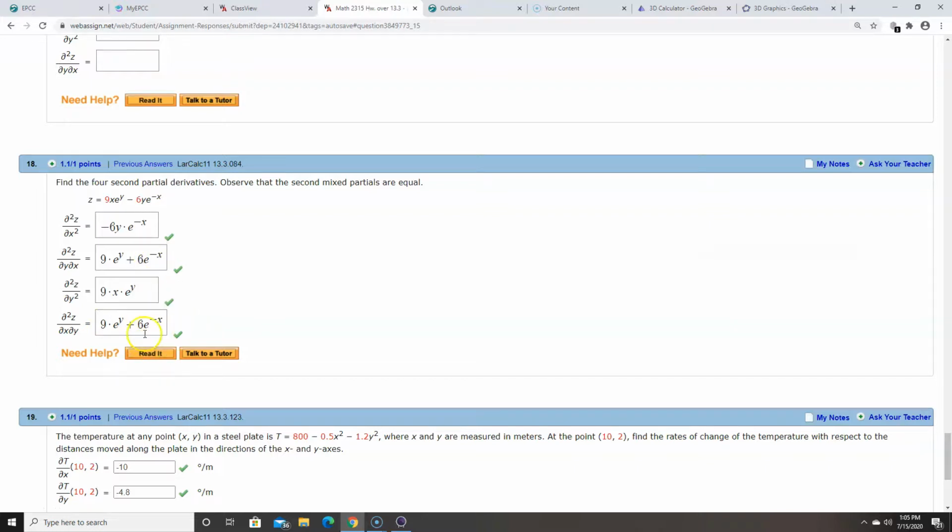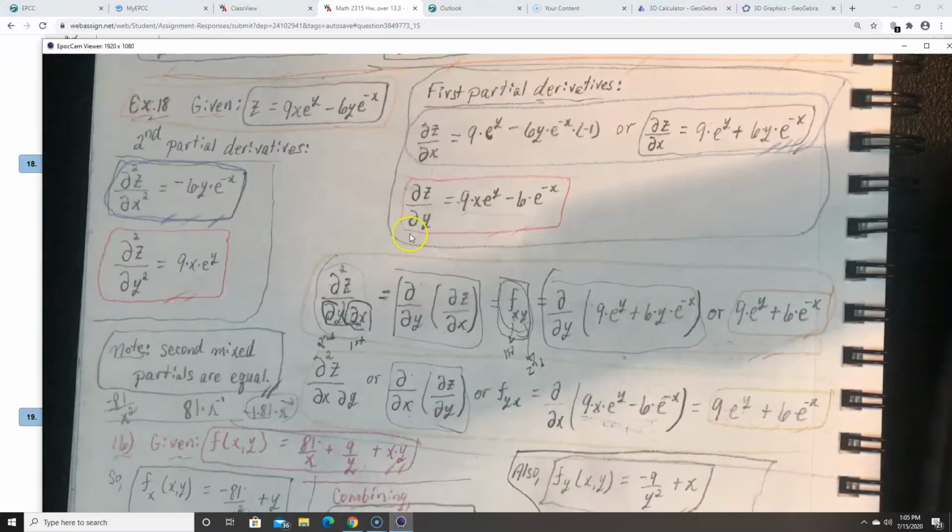Well, that's 2 out of 4. What's left? This one right here and this one right here, which is still a second partial derivative, but it's not a mixed one. So we go back up to here and look at our first partial derivatives. This one was with respect to x, and this was the answer.